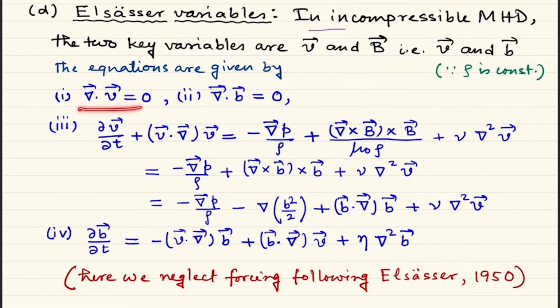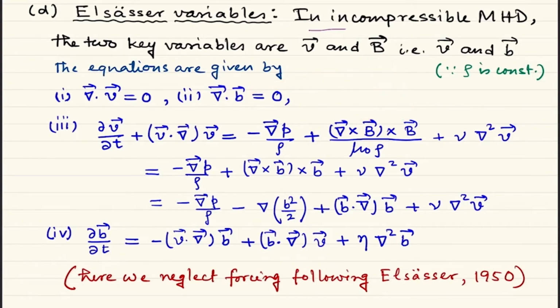That means the divergence of V, that is the divergence of the fluid velocity, is 0. And we also know that small b is nothing but capital B by root over mu 0 rho.